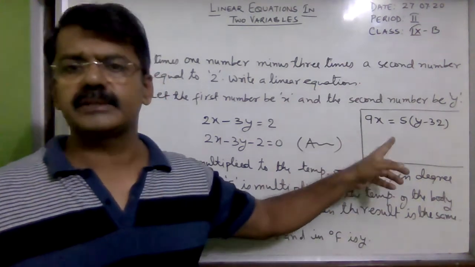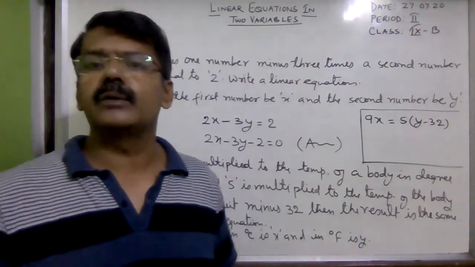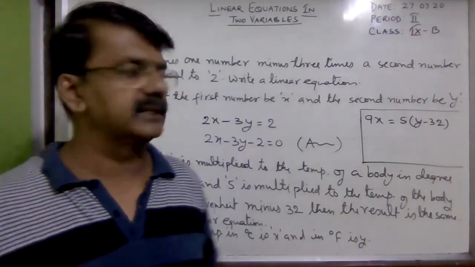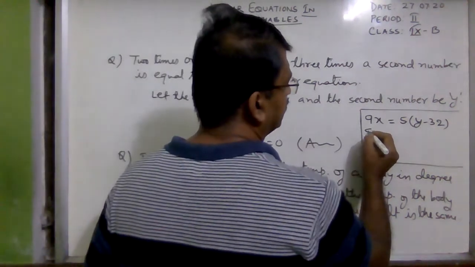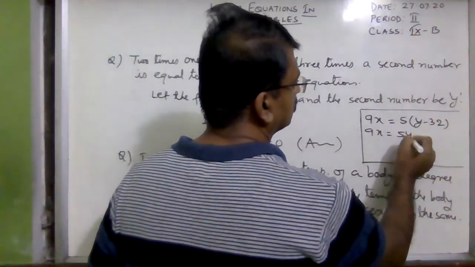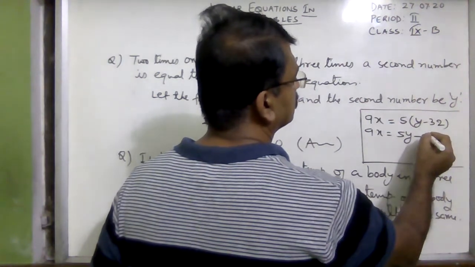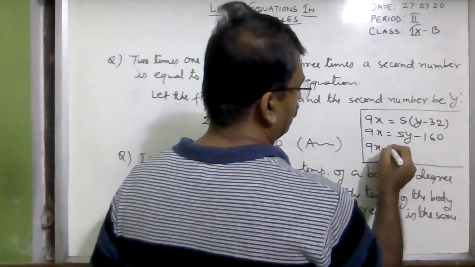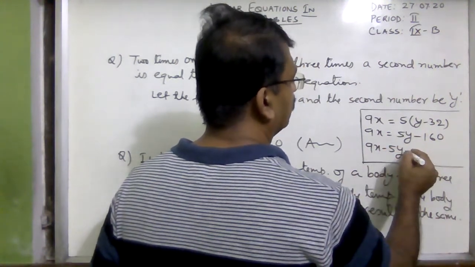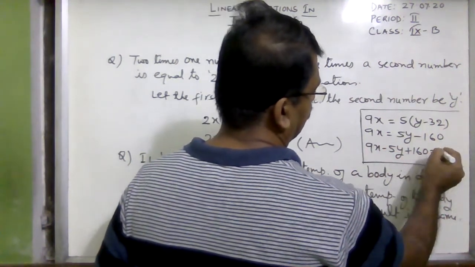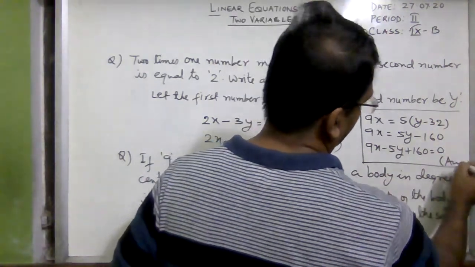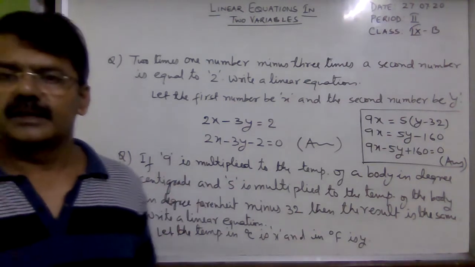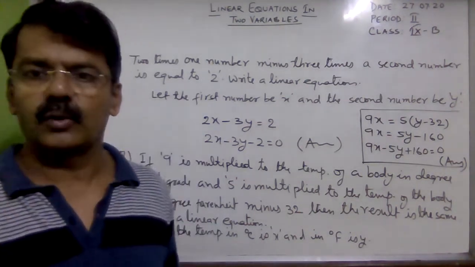So 9 times the temperature in degree Celsius is equal to 5 times the temperature in degree Fahrenheit minus 32. Now when you open the bracket, it is 9x minus 5y plus 160 is equal to 0, and that is the required linear equation. Okay?